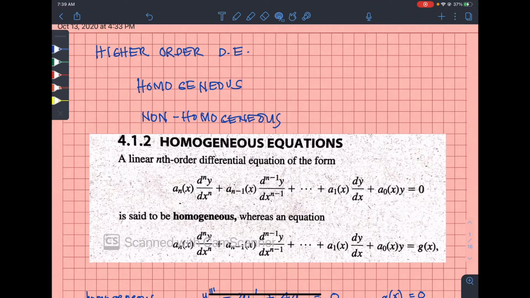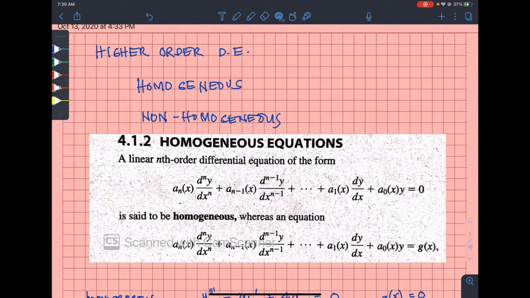The second method is non-homogeneous with undetermined coefficient. And lastly, we have the variation of parameters. Those are the three methods in finding the solution of higher order differential equations.